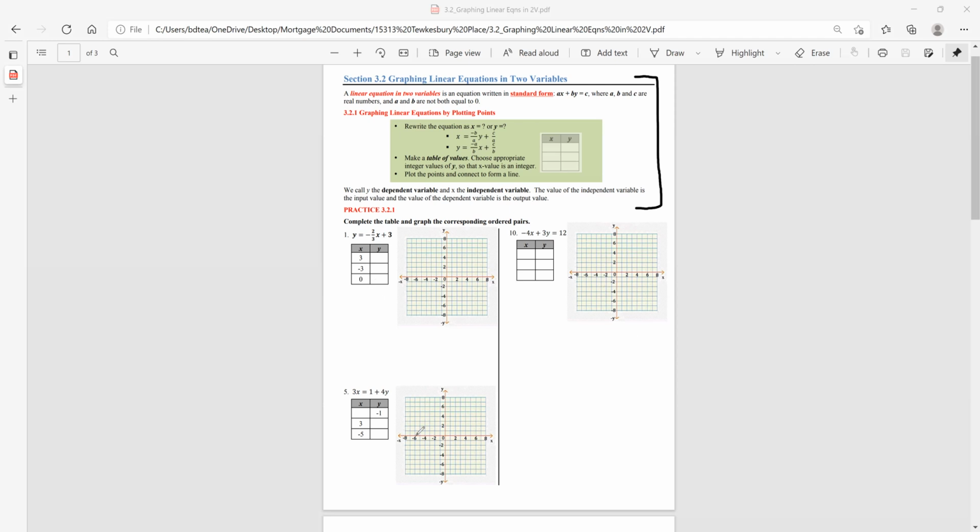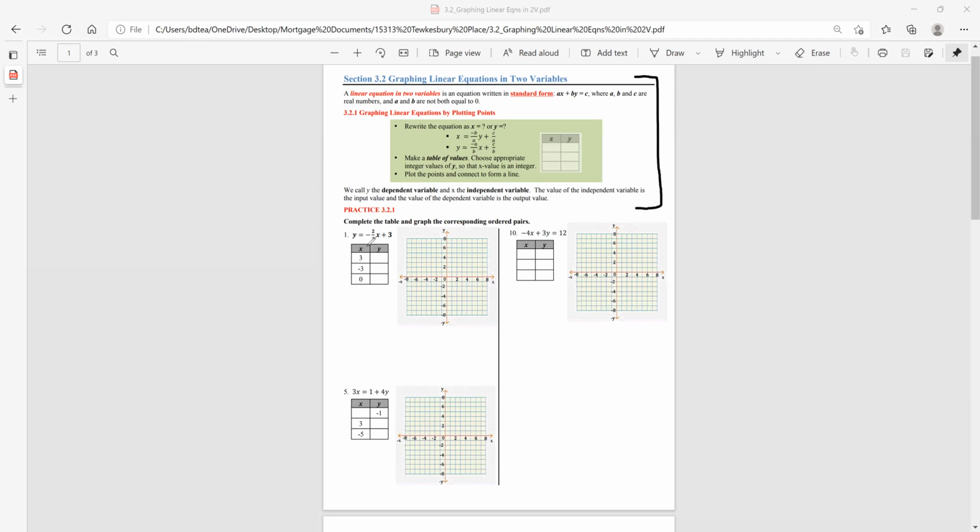I'm going to work these three examples: number 1, number 5, and number 10. The directions say to complete the table and graph the corresponding ordered pairs. Basically, we're completing these tables and graphing by plotting points.